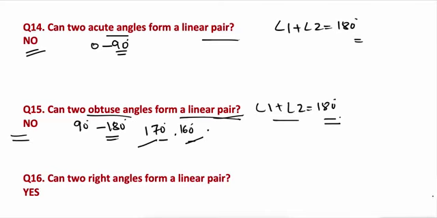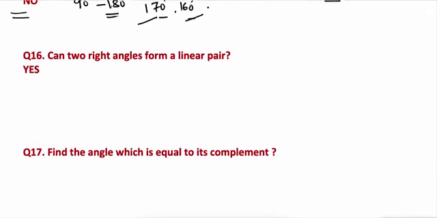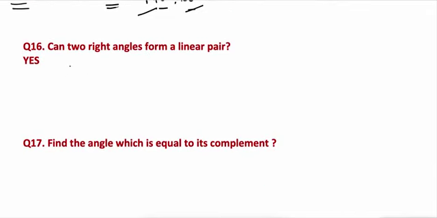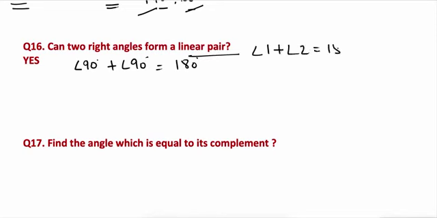Only two right angles can form a linear pair, because each right angle is 90 degrees, their sum is equal to 180 degrees, and for a linear pair also angle 1 plus angle 2 should be 180 degrees.